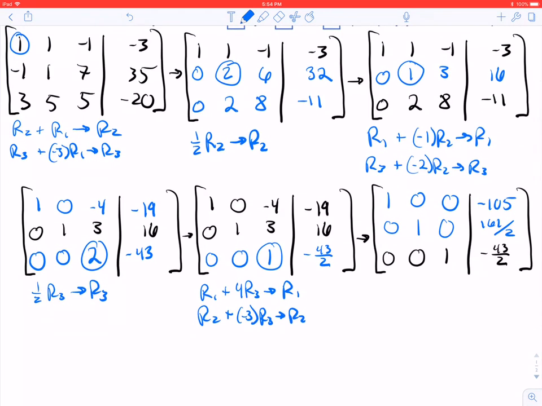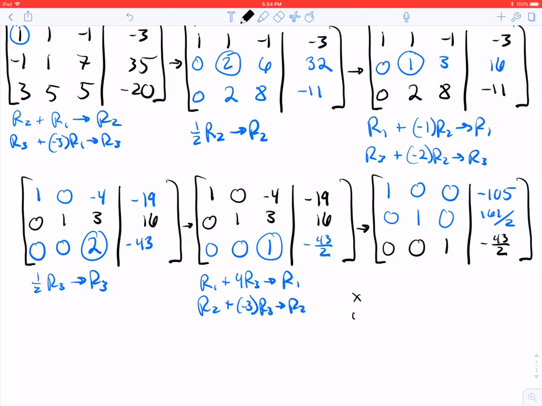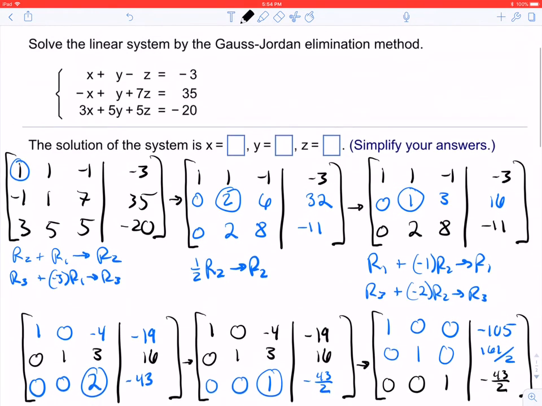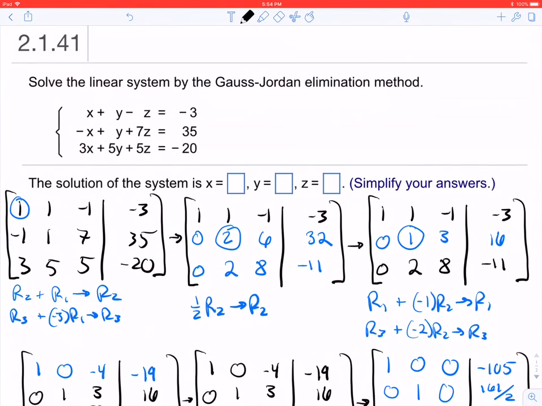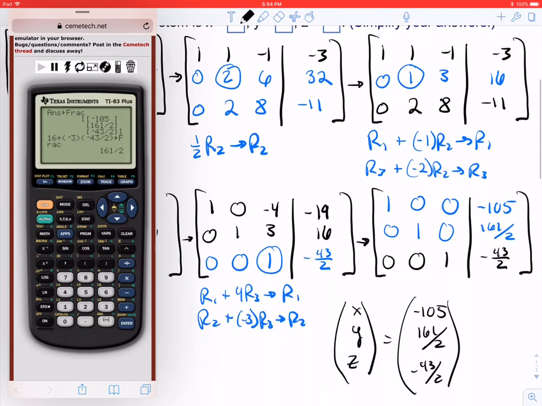Now to check, what we're saying is that the variable matrix x, y, z has a solution negative 105, 161 over 2, and then negative 43 over 2. So that's our x, y, z. Then I'm just going to check it in the original. Let me copy this.